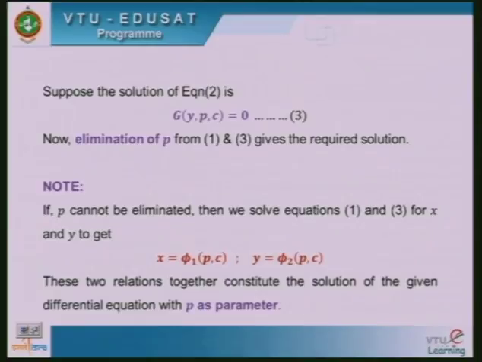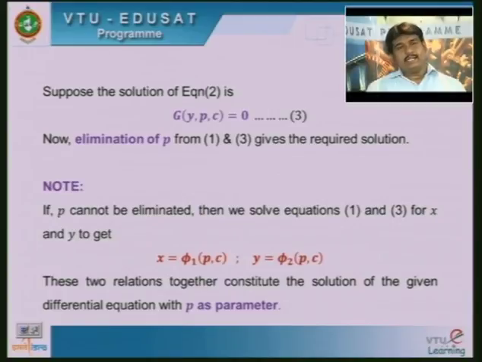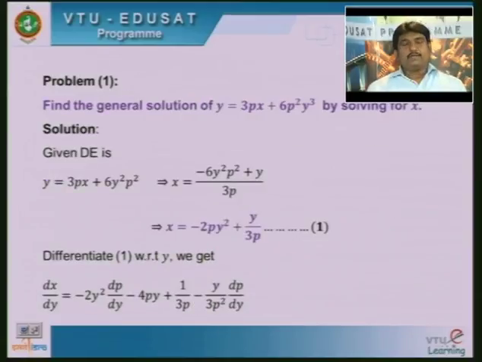Solve the differential equation to get the solution as g of y, p, c equals to 0, and eliminate p from that equation and from the given differential equation. In case elimination is not possible, you express x and y in terms of p and c, which together serve as the solution of the given differential equation with p as parameter. Let me illustrate this.